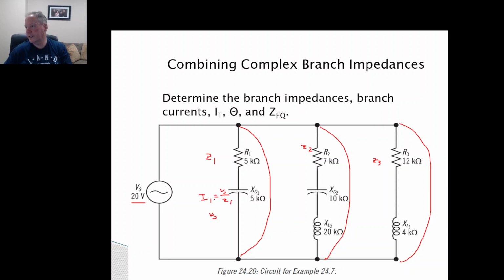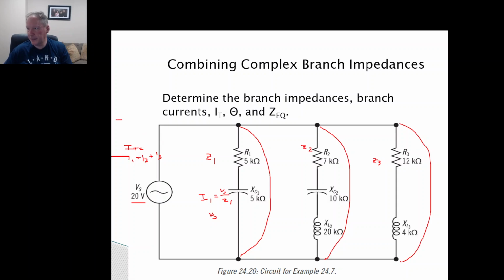And then once we get I1, I2, and I3, we can add those up to get I total. Right? So that's going to equal I1 plus I2 plus I3. Okay?